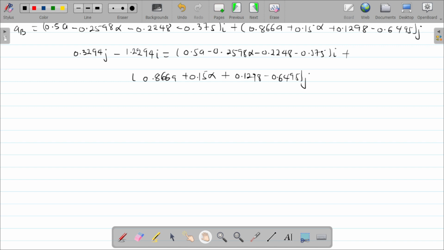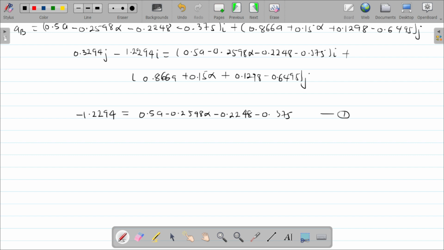All right, so with this understood, whatever I is equal to the I term here, and J is equal to the J term here. So you're going to say negative 1.2294 is equal to 0.5 A minus 0.2598 alpha minus 0.2248 minus 0.375, equation 1.